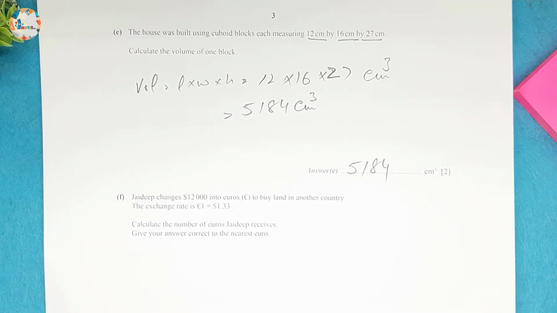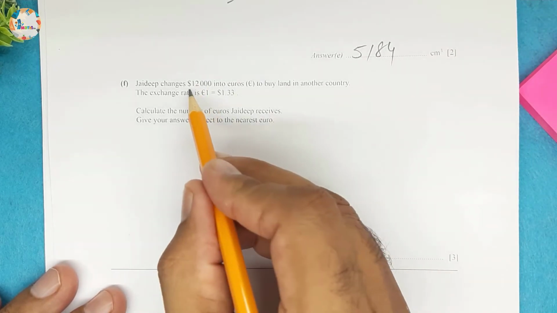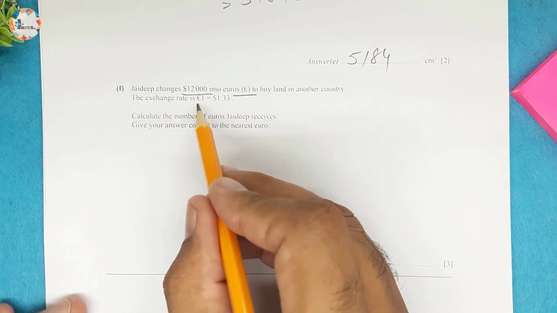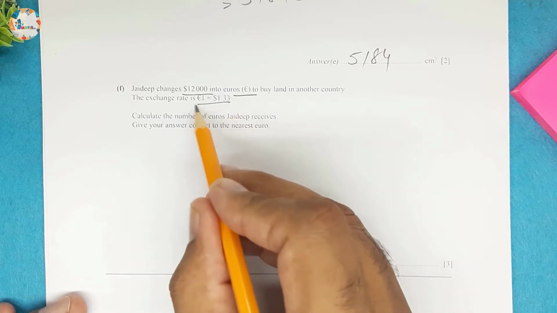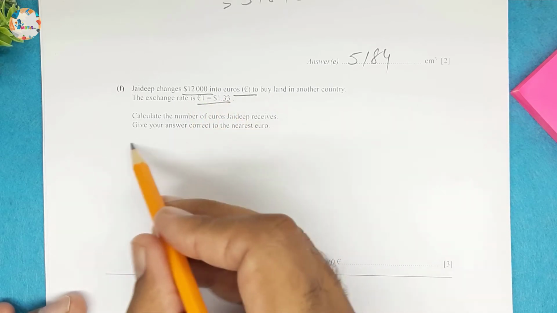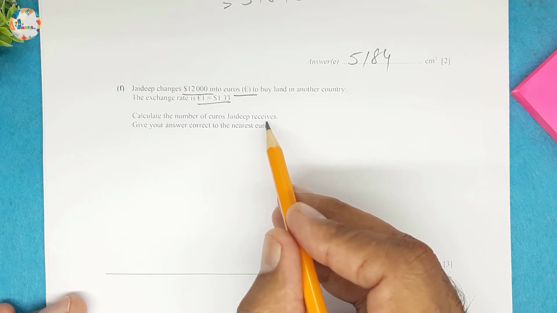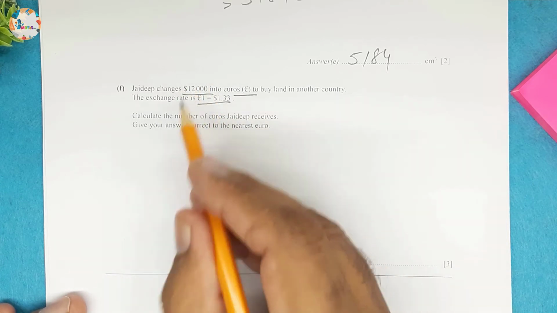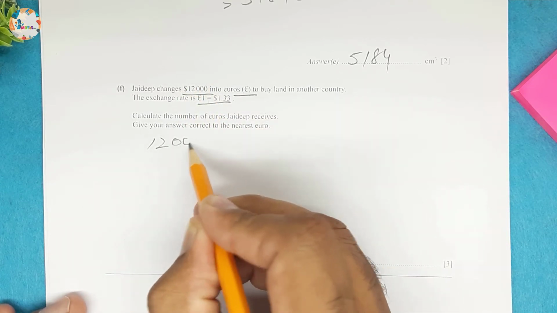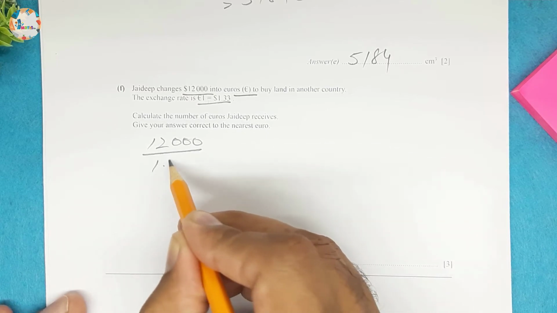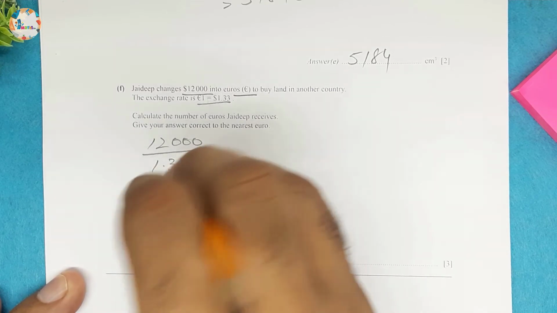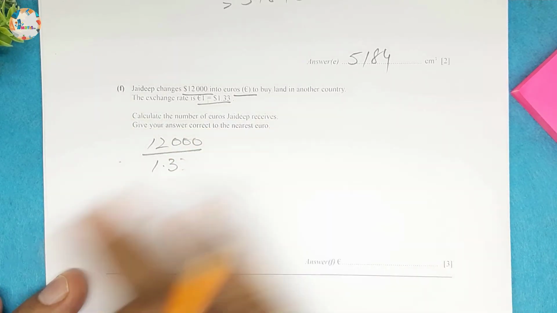Jaydeep changes this many dollars into euros to buy land in another country. The exchange rate is this much. So euro is a heavier currency than dollars. Calculate the number of euros Jaydeep receives. So we have to convert dollars into euros. This will be divided by the conversion ratio, because we are converting from lighter to heavier currency.